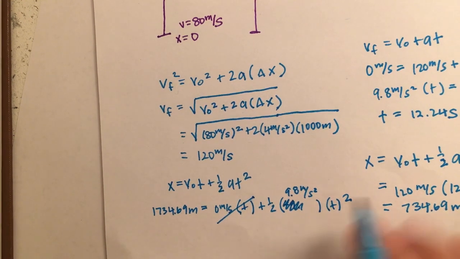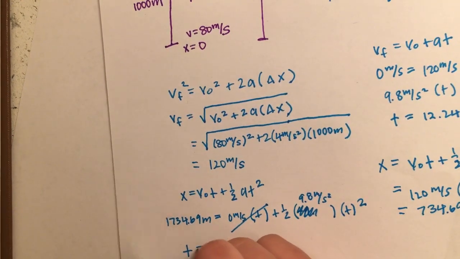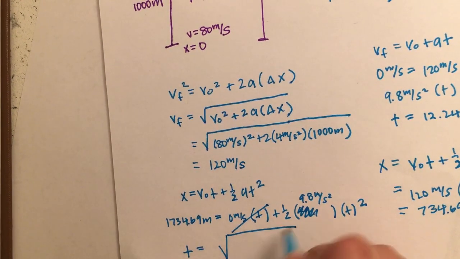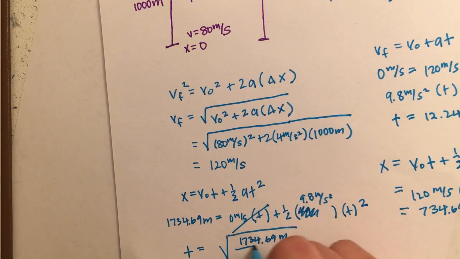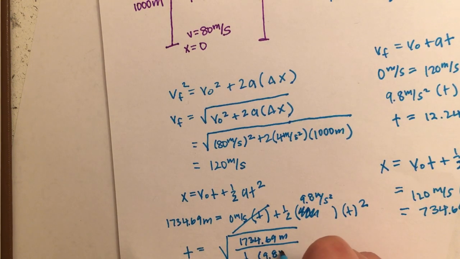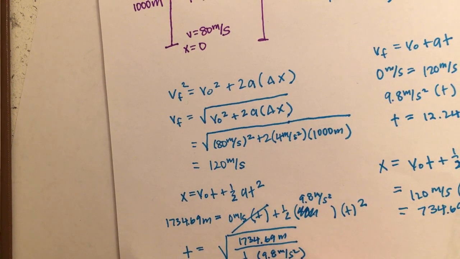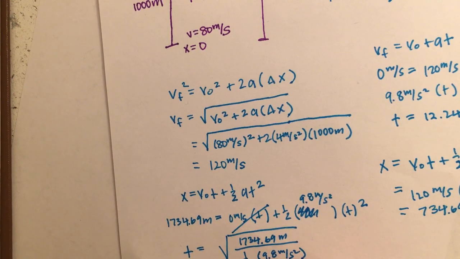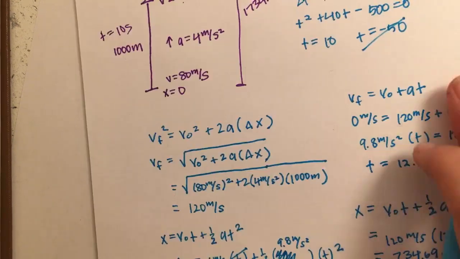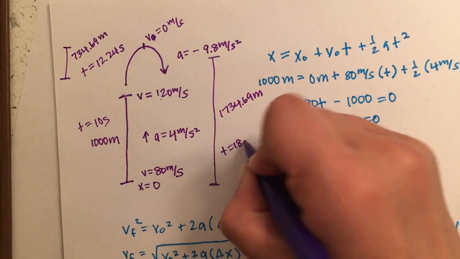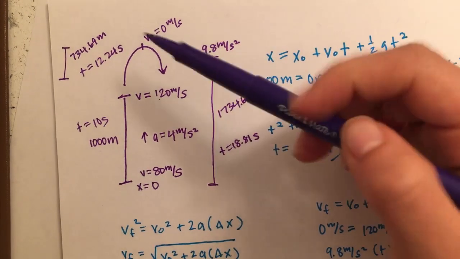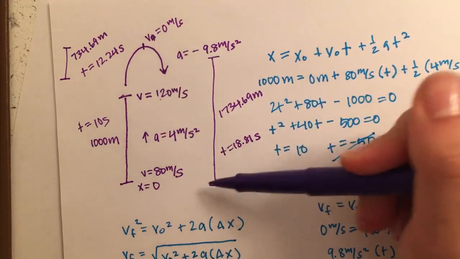This is 0, so then time is equal to the square root of 1,734.69 meters over 1/2 times 9.8 meters per second squared. This time will then be 18.81 seconds. So the rocket will take 18.81 seconds to fall down from the top of its path all the way to the ground.